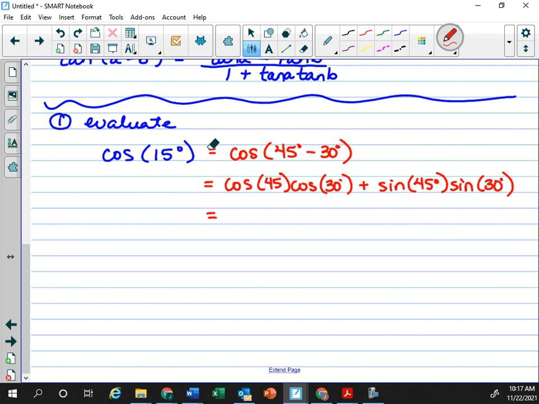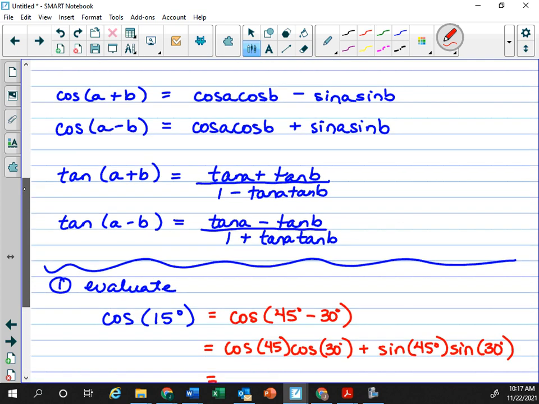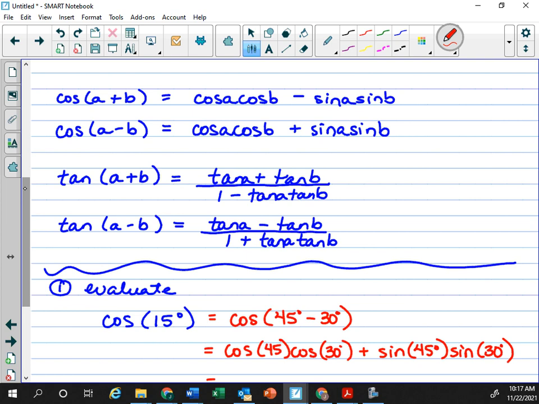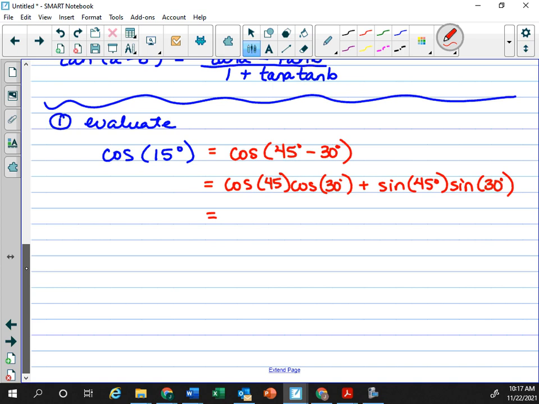All right, then we have to evaluate. What is the cosine of 45 degrees? This is all from your unit circle, guys. When it's cosine, the signs don't match. All right, so what's cosine 45?